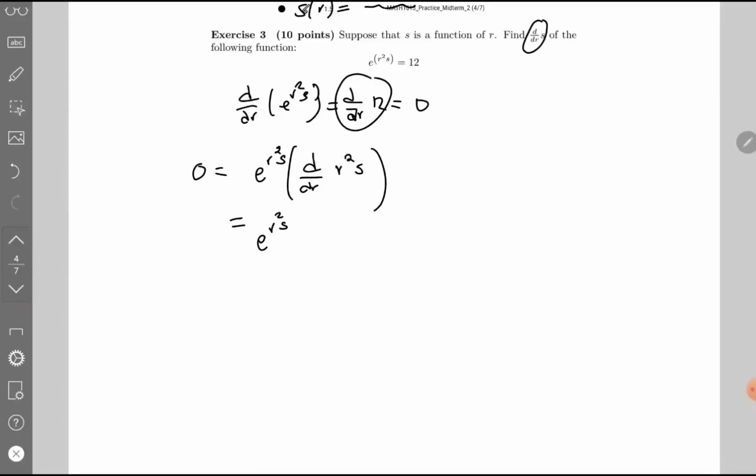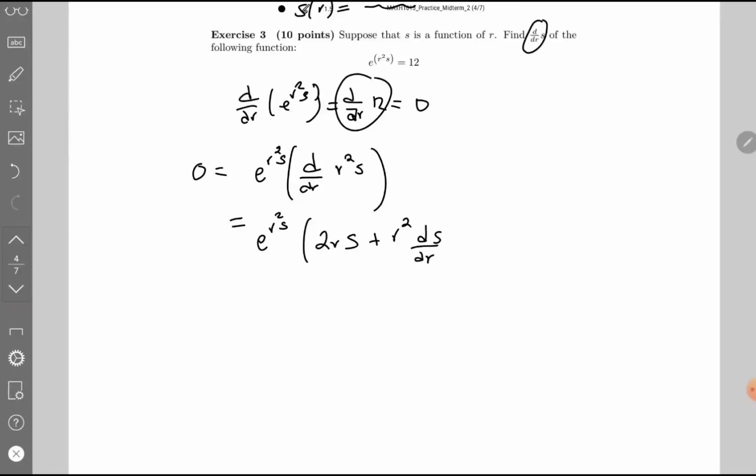So I take the derivative of the first part. So I have 2rs. And that's because the r here, it's already in with respect to itself. So I don't have to do anything else. This is okay. And then here, I'm going to keep my first part, and then I take the derivative of the second part. But here, s is a function of r, and I don't know what s is.